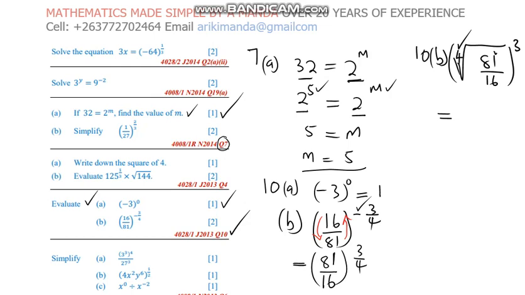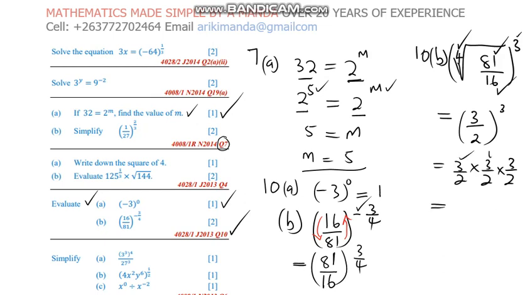What is the fourth root of 81? The fourth root of 81 is a 3, right? Over, what is the fourth root of 16? It's a 2, right? Don't forget this power 3 here. And this power 3 simply means 3 over 2 multiplied by 3 over 2 multiplied by 3 over 2, for 3 times.